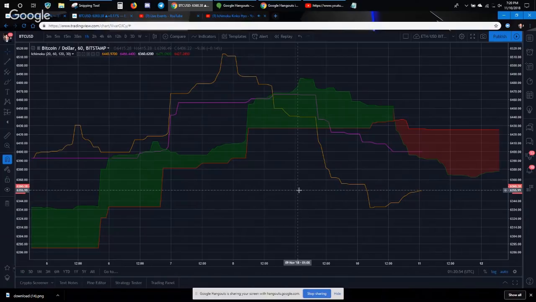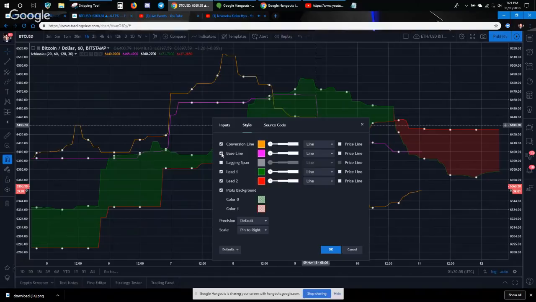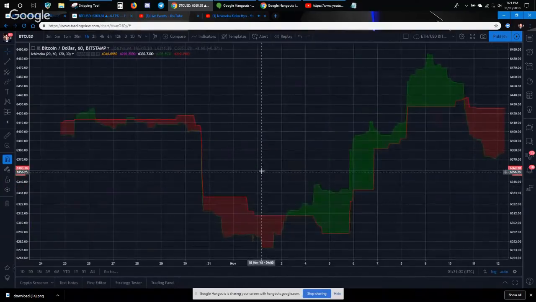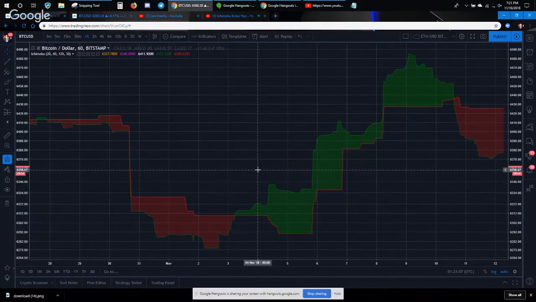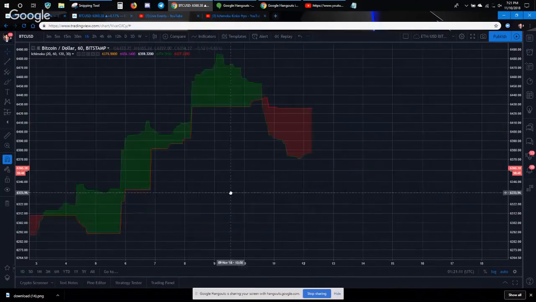So back to the Kumo. So let me turn these off. So here's your Kumo, no price action, no conversion line, nothing on there. The Kumo's the space between Senkou Span A right here and Senkou Span B. When it's in a bearish trend, Senkou Span A is there in green, Senkou Span B, that's your Kumo in between.